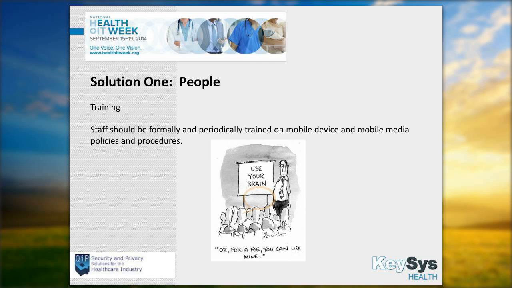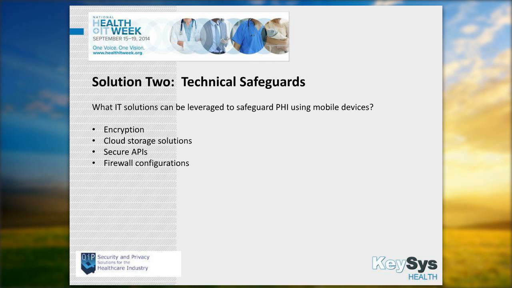So if you look at technical safeguards that are available, what solutions can be leveraged, okay? There are a lot of options here, and there's just a very short list on here with encryption. There's some cloud storage solutions that could help you in terms of data at rest. That could be secure firewalls, secure APIs that can be used.